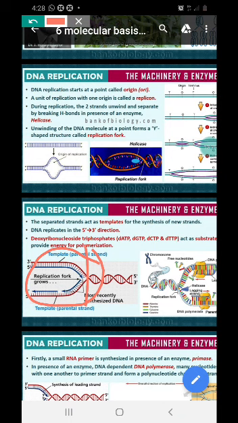Right, this small portion gets unwound and it forms a fork-like structure. And you see the DNA is synthesized continuously in this strand, the 3 dash 5 dash end. So we call it continuous synthesis, or a continuous strand, because in this the DNA is synthesized continuously.